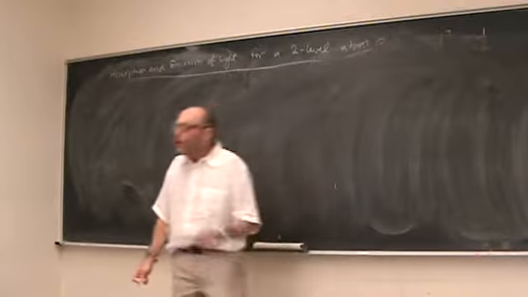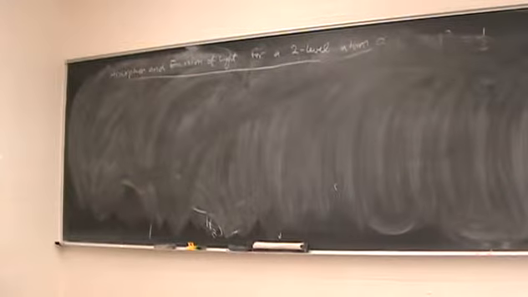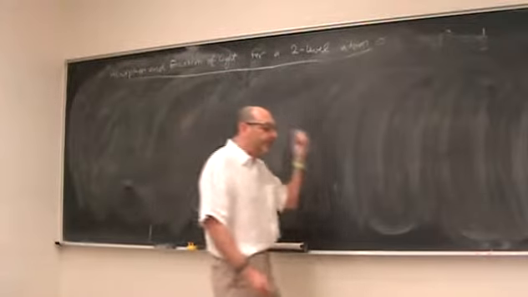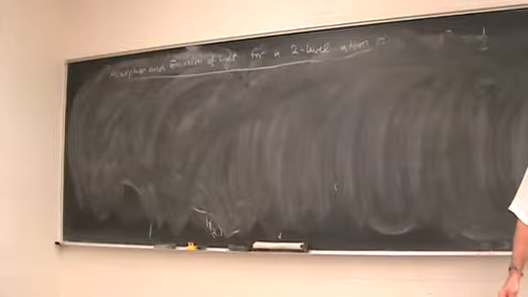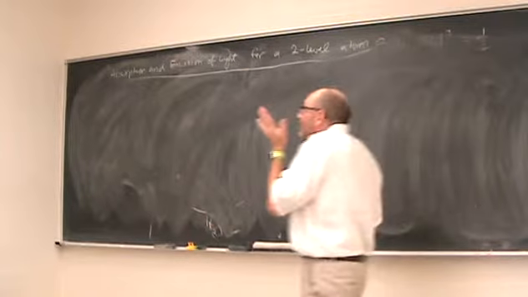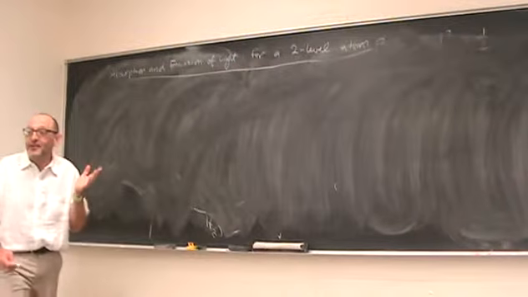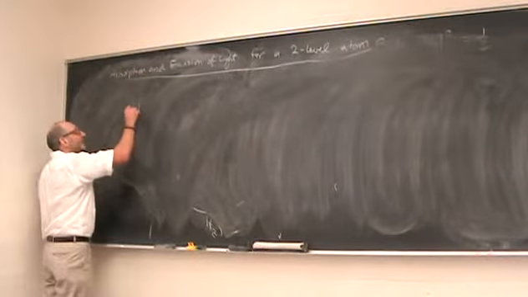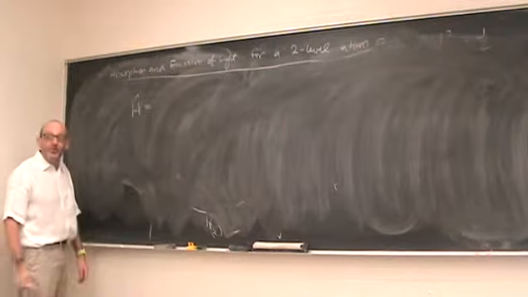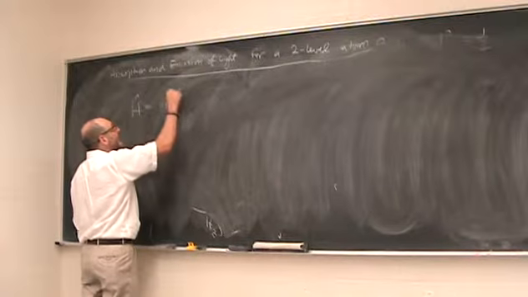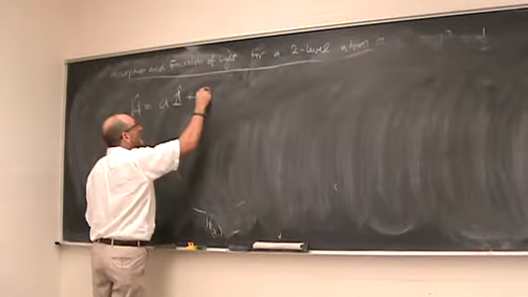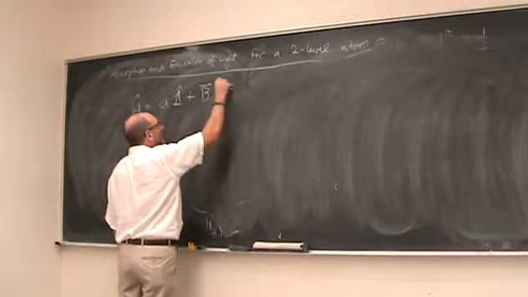Now, when we do that, as we've discussed, if we are restricting our attention solely to the two levels, then we know the form of the Hamiltonian, because there's only one possible form for a two-dimensional Hilbert space. My Hamiltonian must be of the form some amount of the identity and some amount of the Pauli matrices.